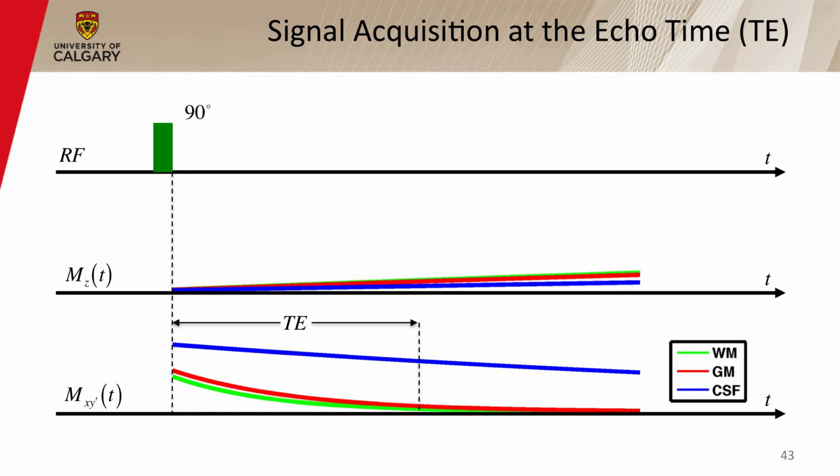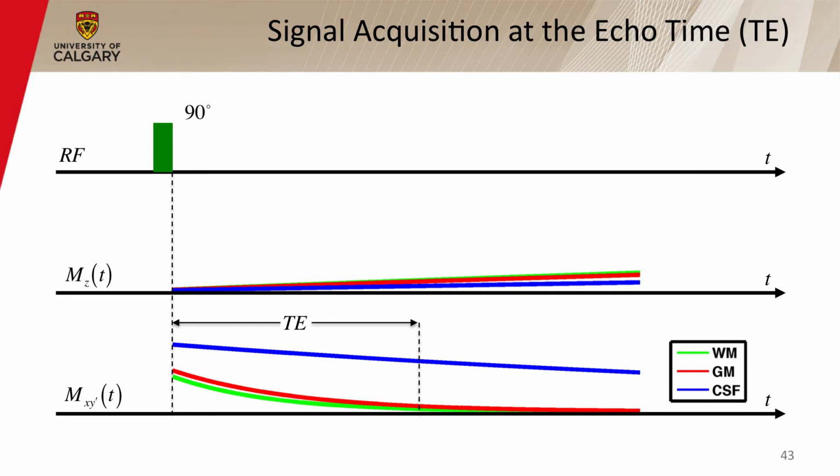Okay, so you can see in the Z recovery here that they're pretty indistinguishable in terms of just the magnitude of their Z magnetization. But what you can see down here is that we actually have a disparity in how much transverse magnetization is available.